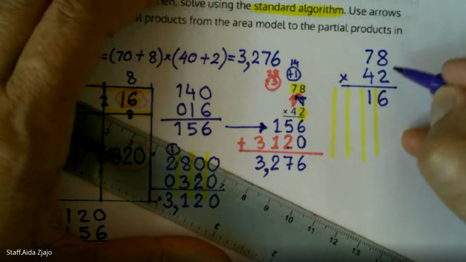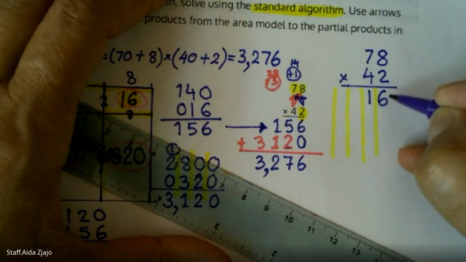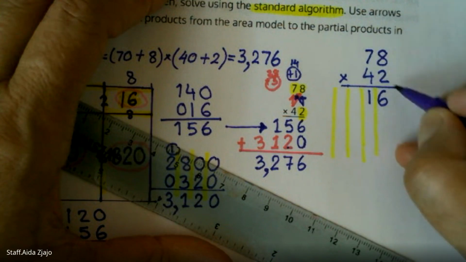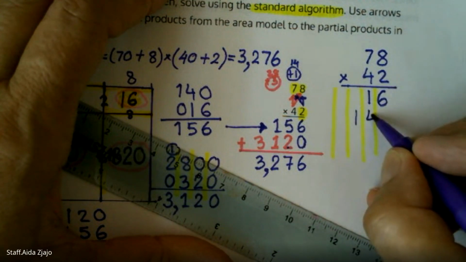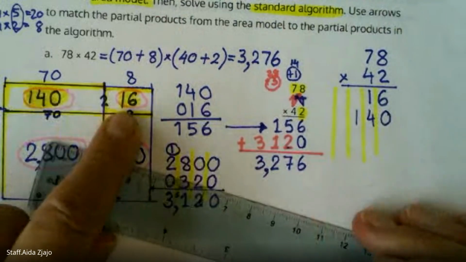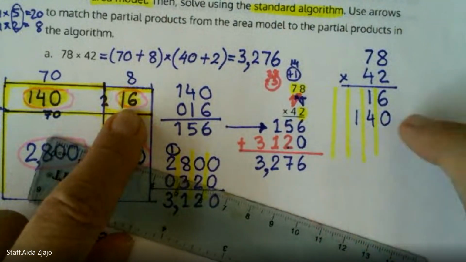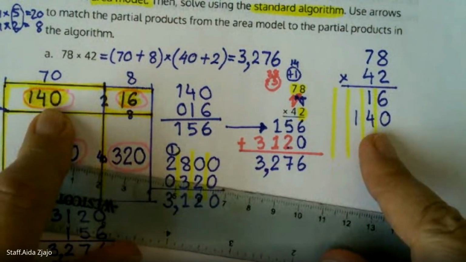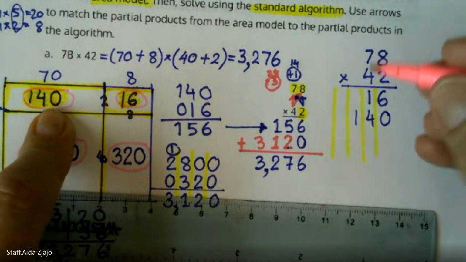So now I did 2 times 8, that's 16. Then I'm going to do 2 times 70. 2 times 70 is 140, which matches with this. Look, 2 times 8 is 16, and 2 times 70 is 140. So I'm done now with ones.